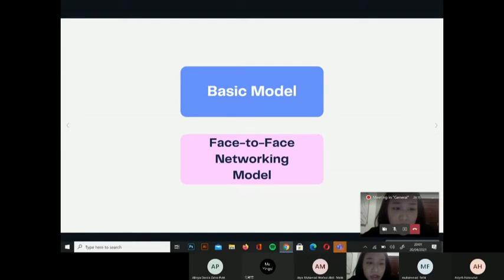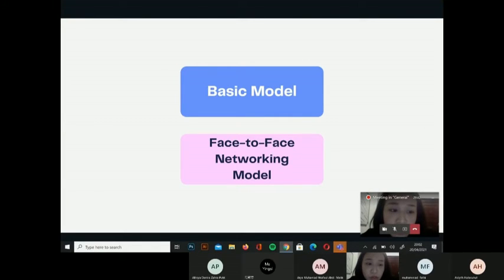Then let me talk about the fresh eye basic model. First, we need to define the problem or issue, and second, randomly select alternative viewpoints and view the problem from the new perspective, and ask some questions.